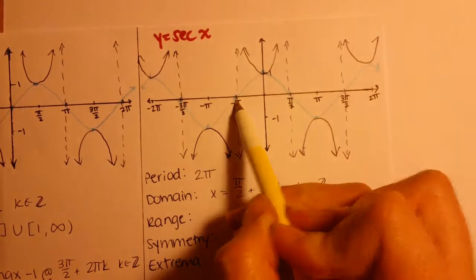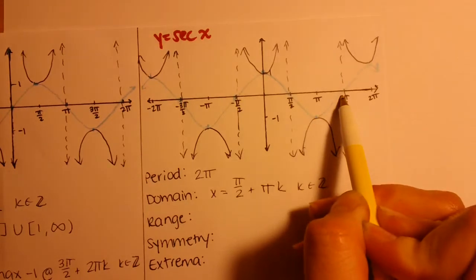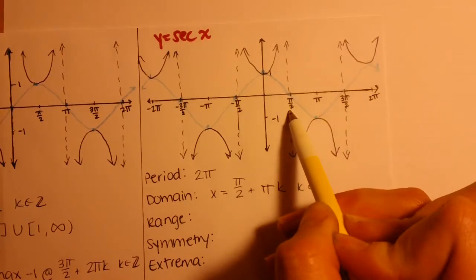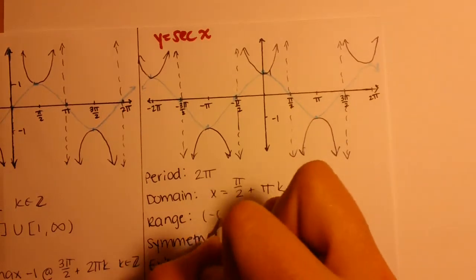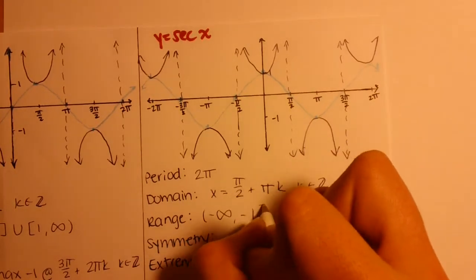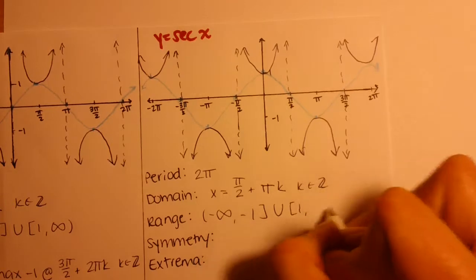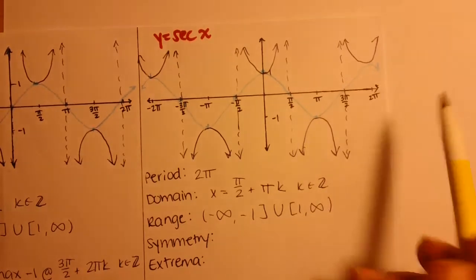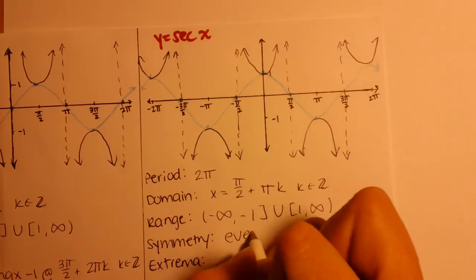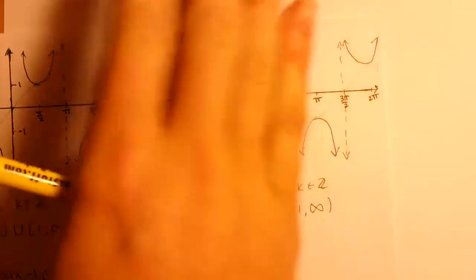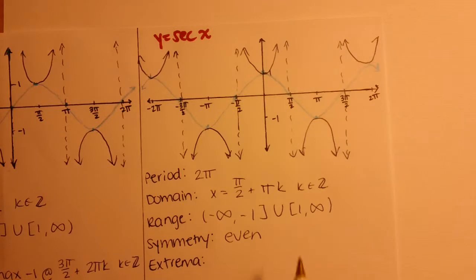Can we see every time we add pi, we reach another asymptote? So from pi over 2, we can subtract. Our range, negative infinity to negative 1, union with 1 to infinity, just like cosecant. Our symmetry is even, because we can reflect it over the y-axis and it'll match up.